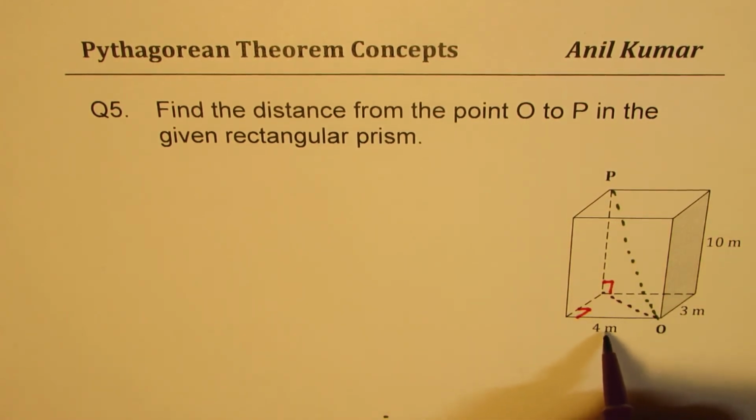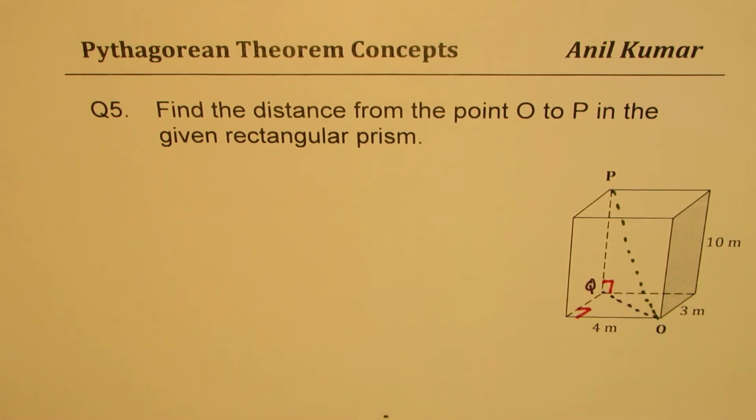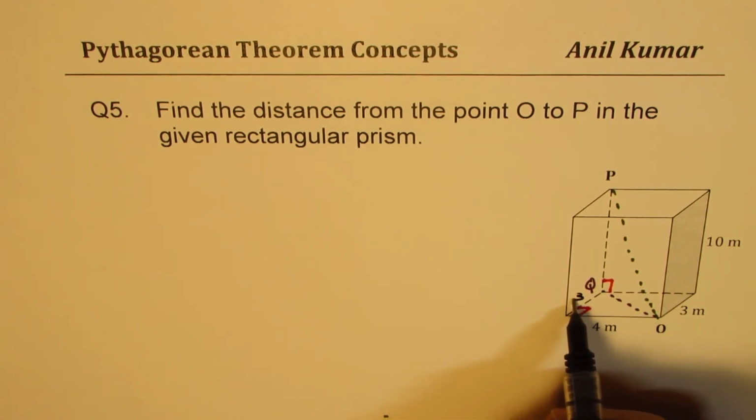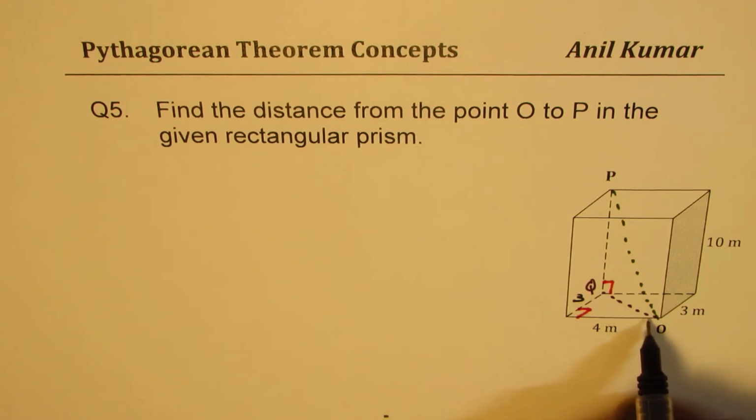So we have 4 and let's call this point Q. Now look at it. The two sides of this triangle are 4 and this is 3, same as the other side. So we have a triangle here, right?